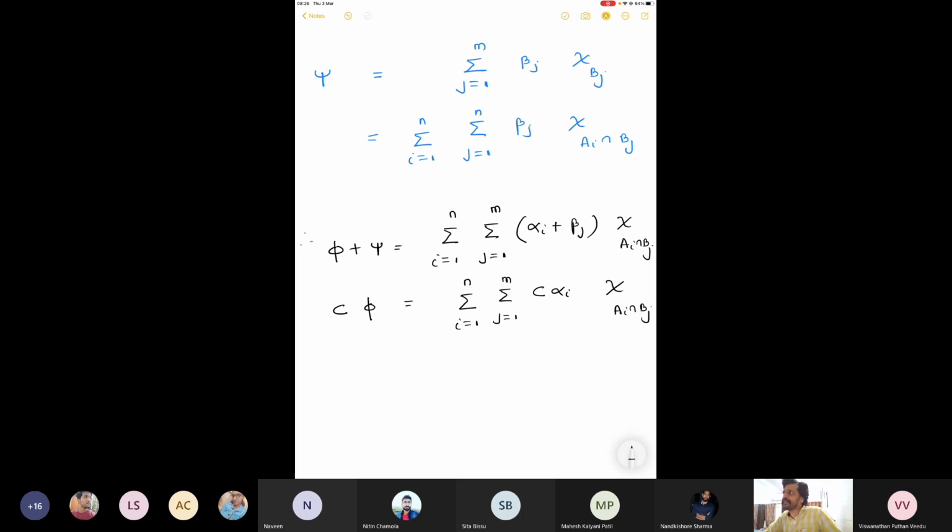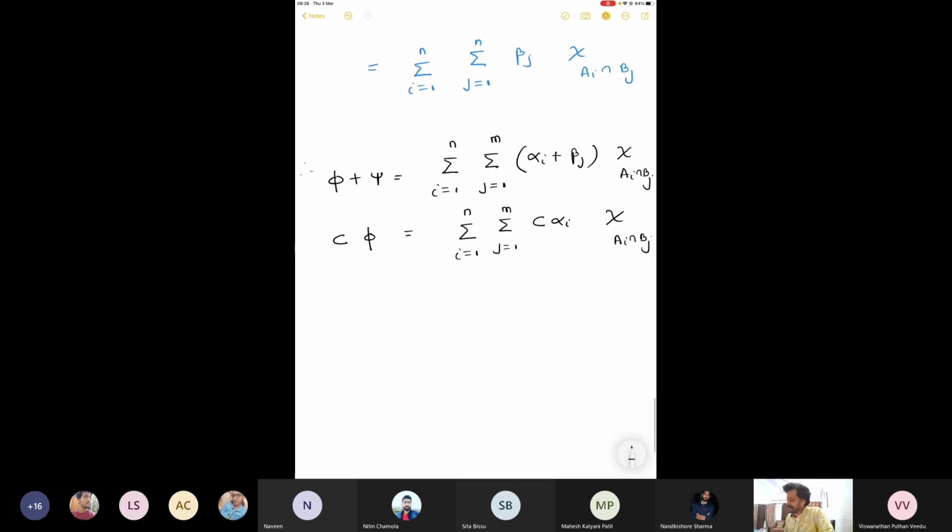Once you have a representation for a non-negative simple function, you can write its integral, provided either that the representation is canonical or the sets involved in that representation are disjoint. Here I don't know whether this representation is canonical or not, but I know that the A_i intersection B_j are disjoint. Okay.